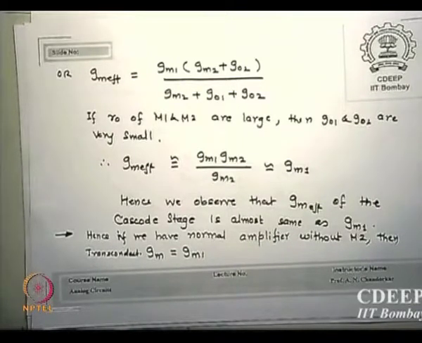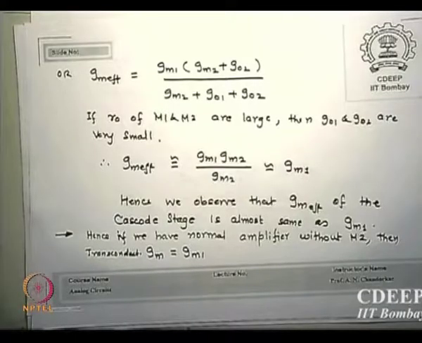Is that correct? So even by using a cascode, how much transconductance did I obtain? The same as the equivalent of the normal single-stage amplifier transistor M1. If I had used only M1, I would have got gm1. With M2 in this also, I got the equivalent of gm1.